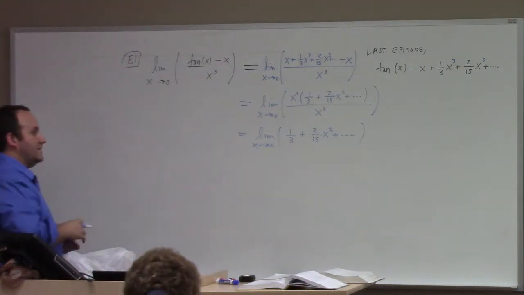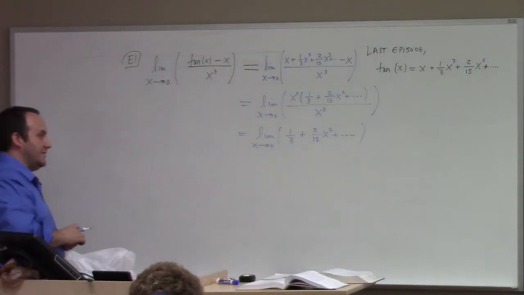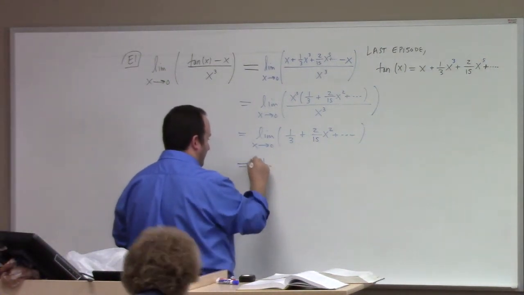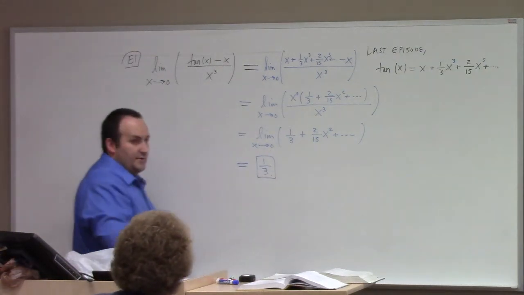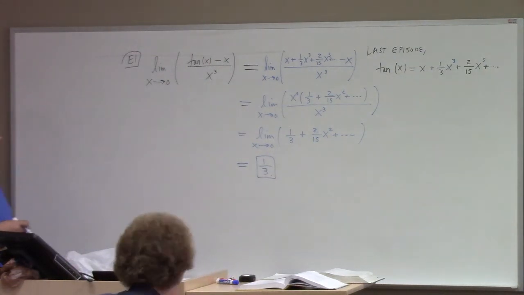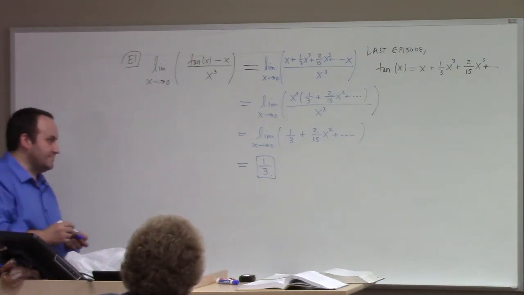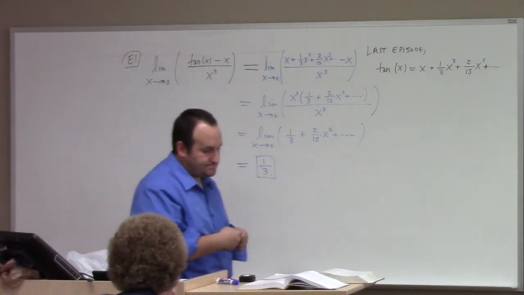The single constant term in the series is 1/3, and so this limit works out to 1/3. So this is a good example of how we can use series to simplify limits that would be otherwise somewhat unpleasant with L'Hopital's rule. This one's not too bad.